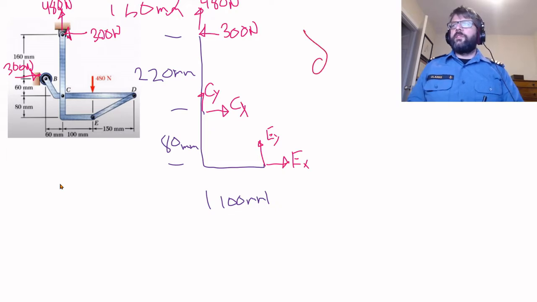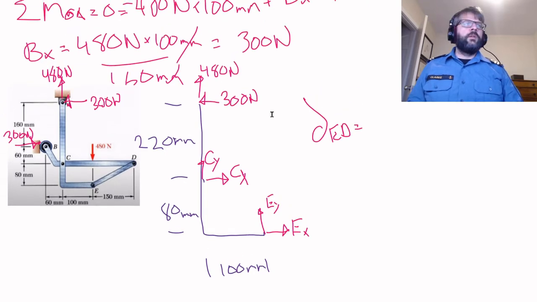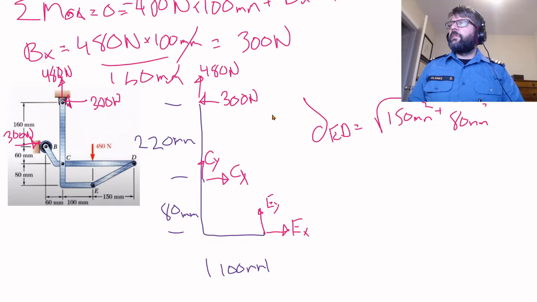So our distance ED is equal to the square root of 150 millimeters squared plus 80 millimeters squared. It's 170.